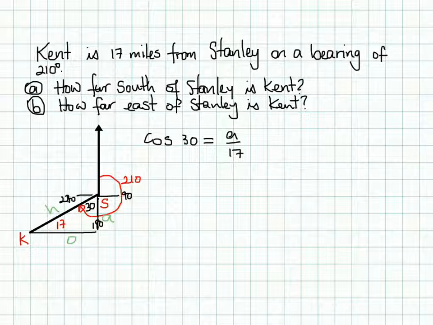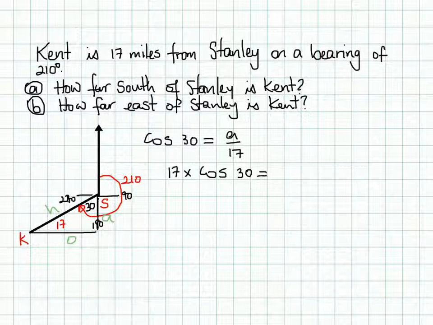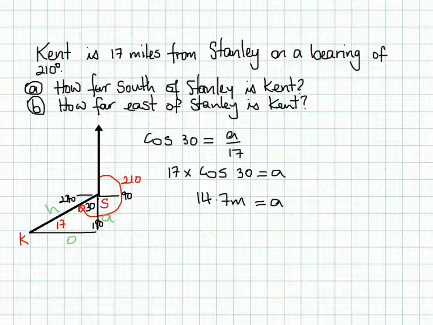And I will get 17 times cos 30 is equal to A. I will do it in the calculator to find out what that distance is going to be, and it turns out to be 14.7 miles. So that's how far south you need to go until you're in line with Kent.